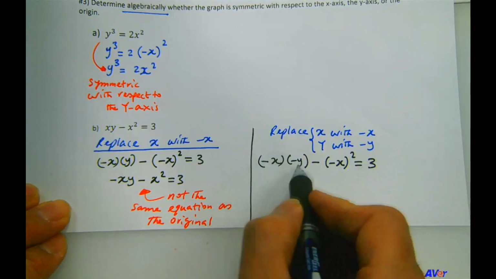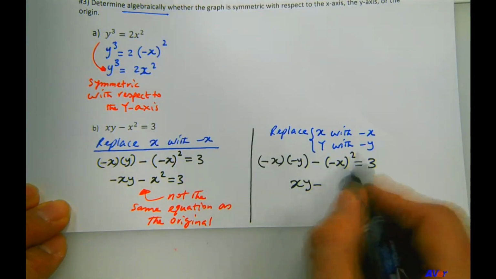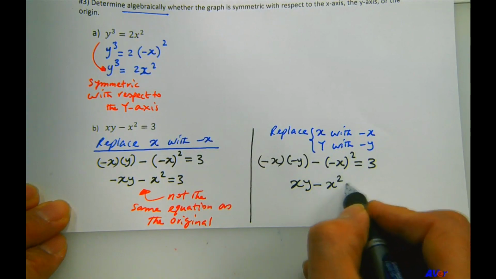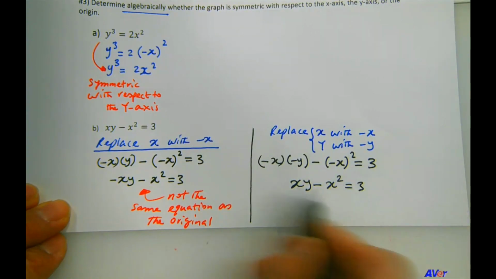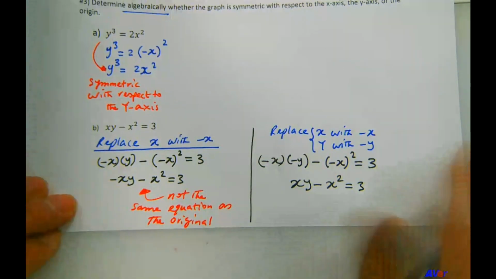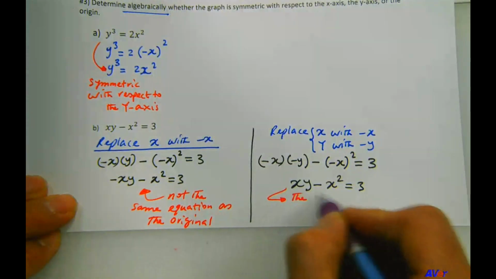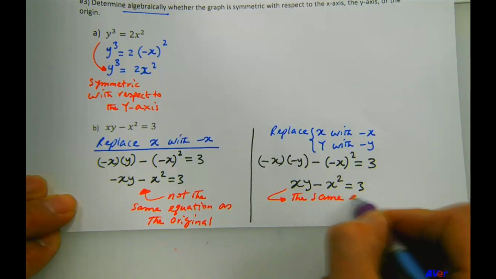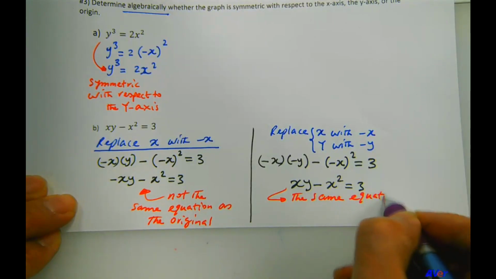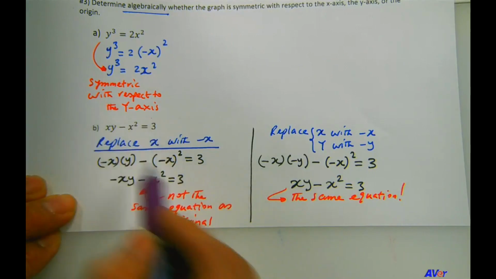So minus x times minus y is positive xy, minus x squared equals 3. Is this the same equation as that? Absolutely, it is, right? The same equation as the original equation.